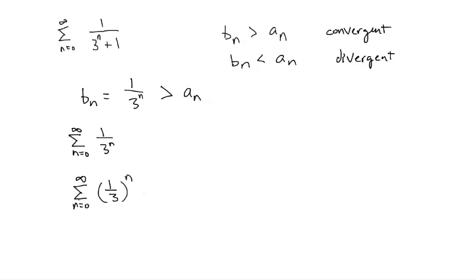So now when we look at the series that we created, we know that 1 over 3 all raised to the n is a geoseries. And because the absolute value of r is less than 1, we know it's convergent. So we can say that the series from 0 to infinity of 1/3 raised to the n is convergent by geometric series or geoseries.